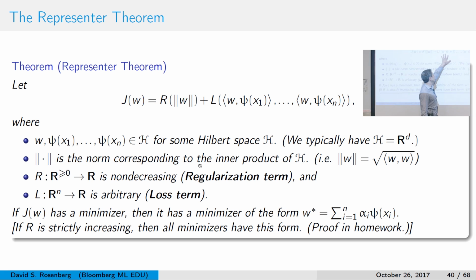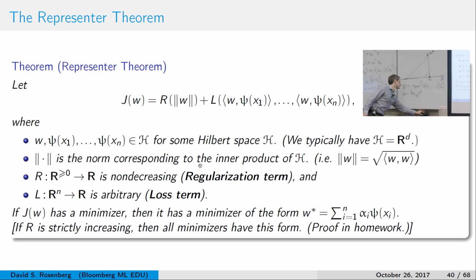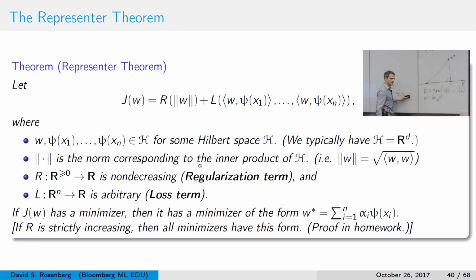All right, what about these pieces? If we start with W star inner producted with psi of xi, and we replace it with W, what would happen? It's equal. You think it's equal? Let's write it out.